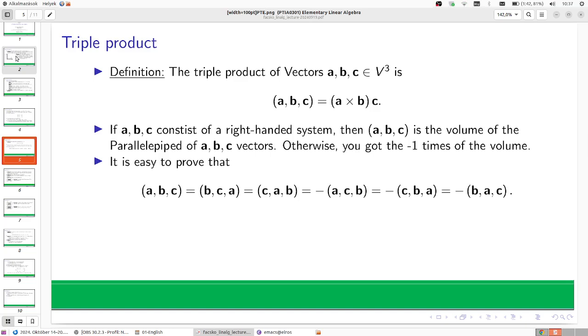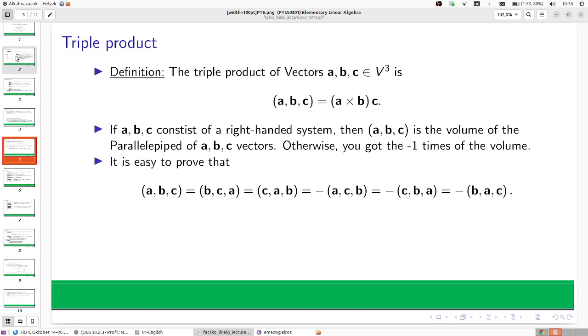Now the things will be a bit confusing, because if you check the notes, I will do something else. First of all, we have to give the definition of the triple product. It's a mixed product.